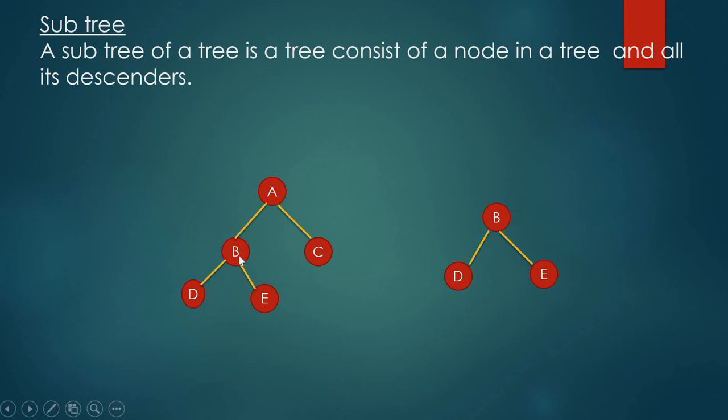See here, B is a node in this tree. And what are all its descendants? D and E. Then this small tree will be the subtree of this tree. BDE is the subtree of this first tree. A subtree of a tree is a tree consisting of a node in a tree and all its descendants.